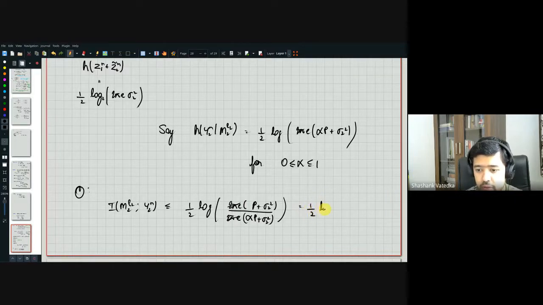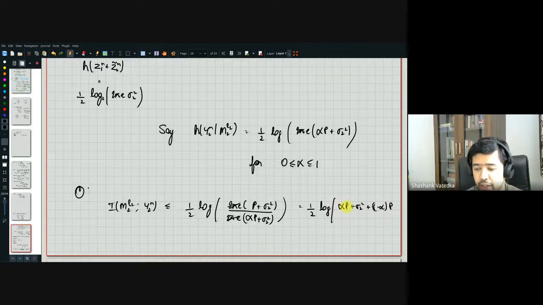So this is half log of alpha p plus sigma 2 square plus 1 minus alpha times p, right?